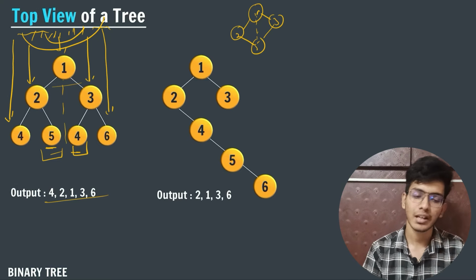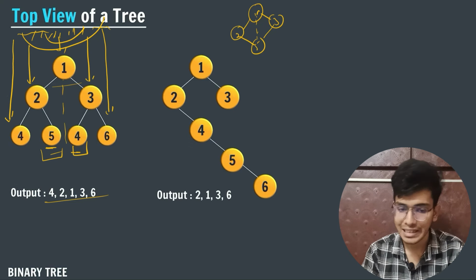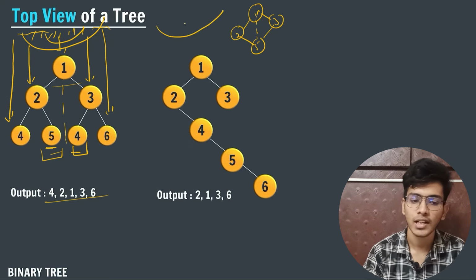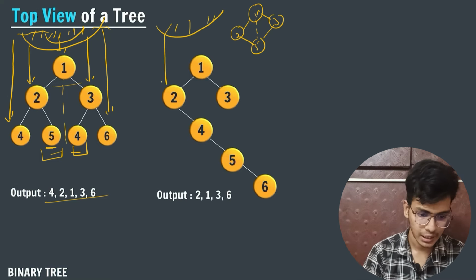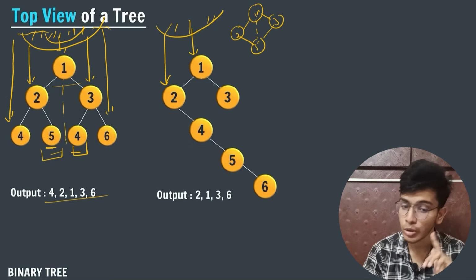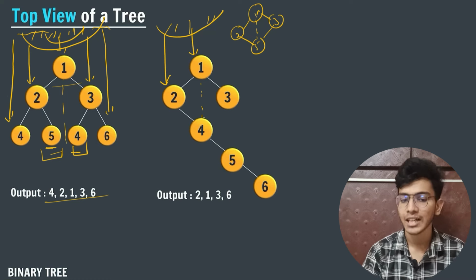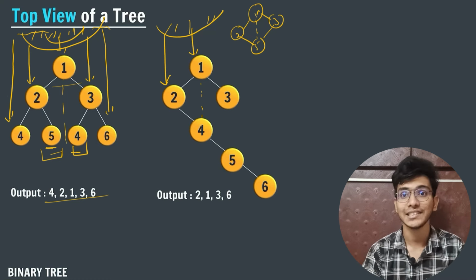Okay, now if I dry run this for this particular second tree, let us say that this is my lens. So I can see node 2, after that I can see node 1, but I can't see node 4 because this directly comes under 1 and 1 covers node 4. Because of 1 I can't see node 4.